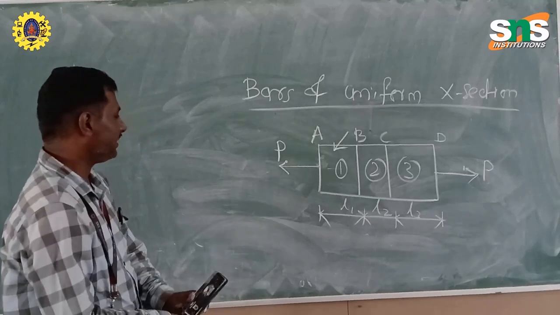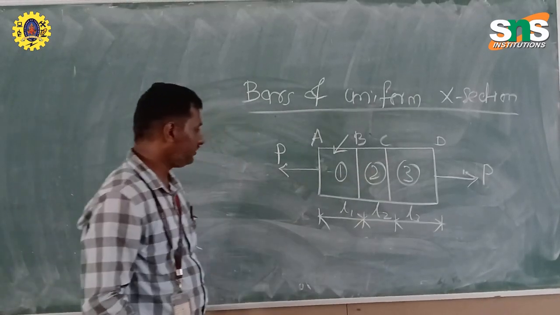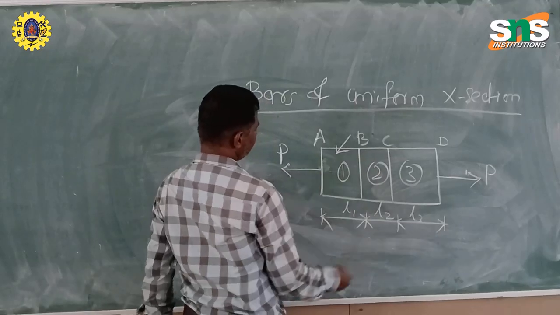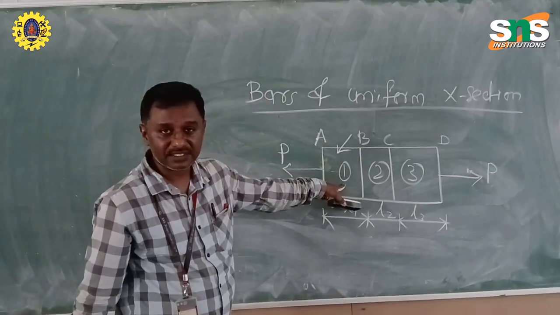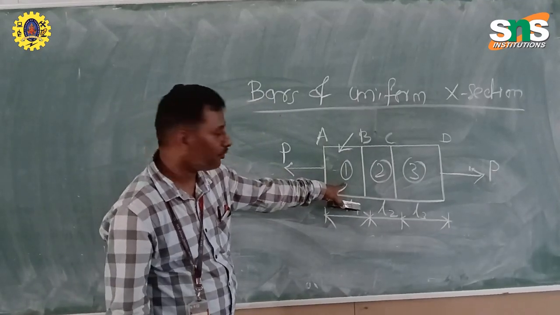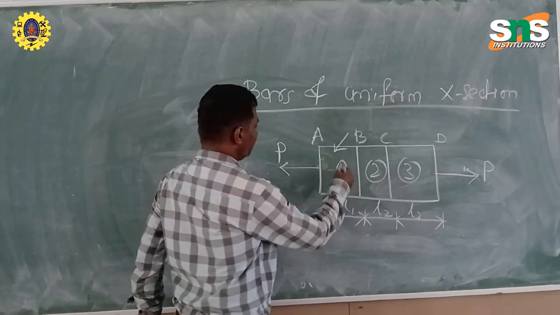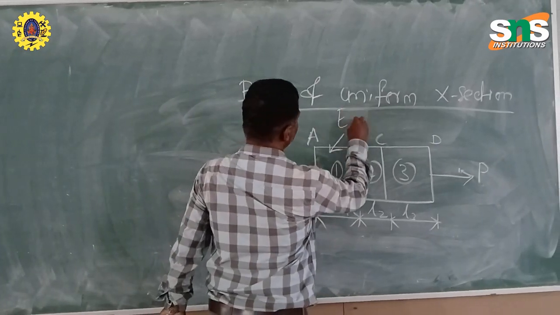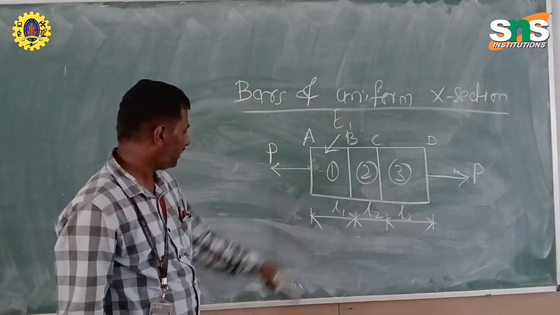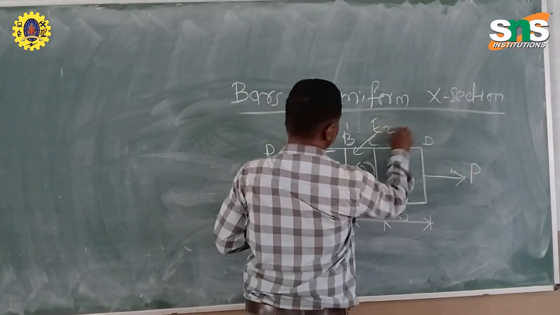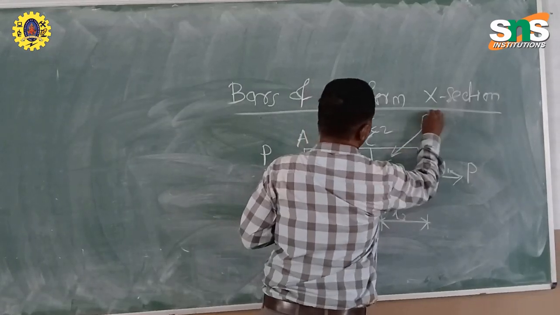Since it is a constant area, uniform cross-section, and Young's modulus depends on the material, I am going to take that each section is made up of a different material. Let's take E1, E2, and E3.